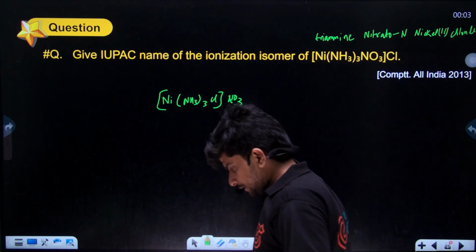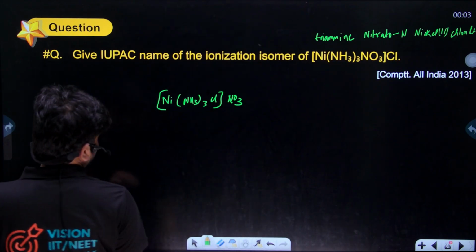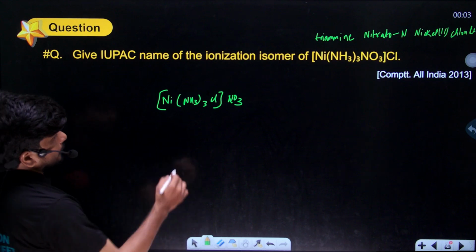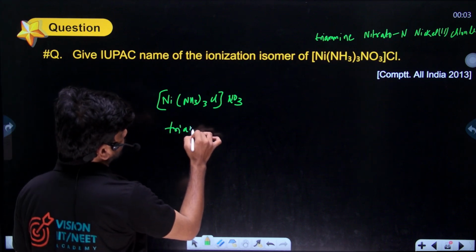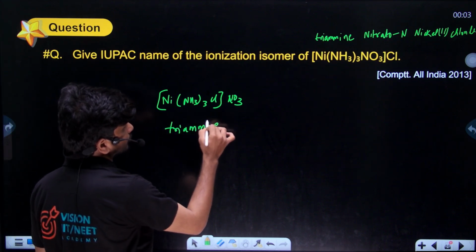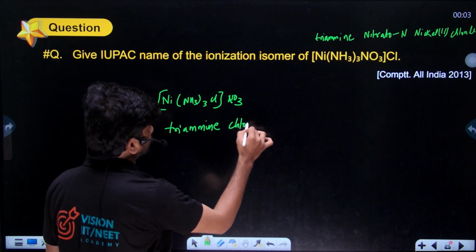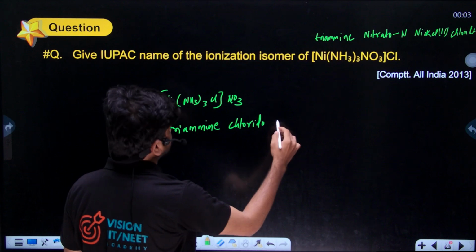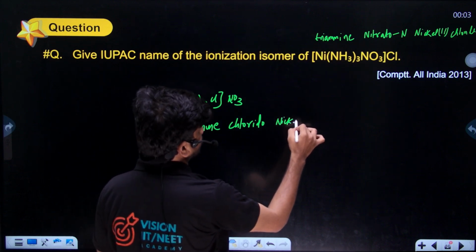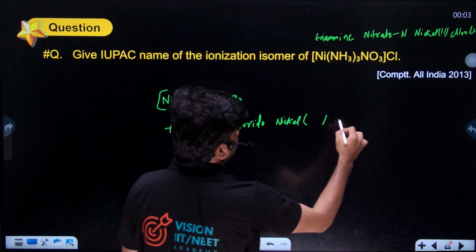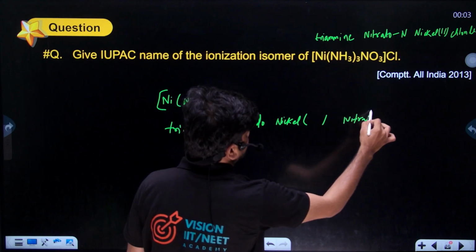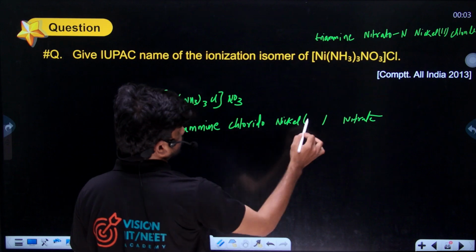But now, it is not in the cationic part. You are writing the ionization isomer IUPAC name. So it is again triamine. Next comes chlorido. Next comes nickel. You will be writing it as nitrate. What is the sign of this again? 2.